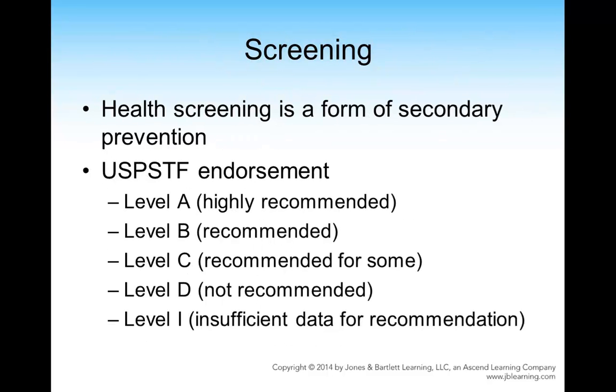So with our health screening as a secondary form of prevention, again, the U.S. Preventative Services Task Force has given the levels to what should be screened highly or insufficient, not even recommended. One of the things we look at is medications. Does that harm outweigh the benefit of the treatment? So they're wonderful at guiding us in what we should be doing.